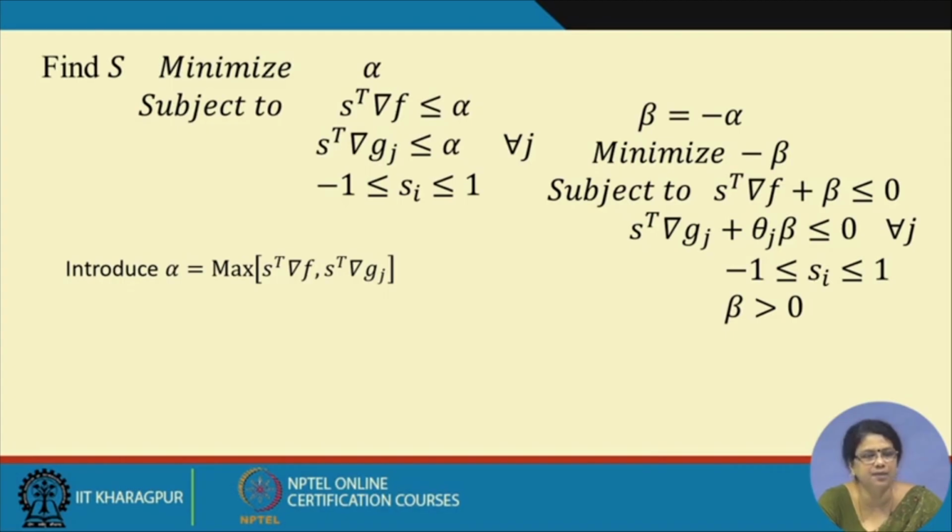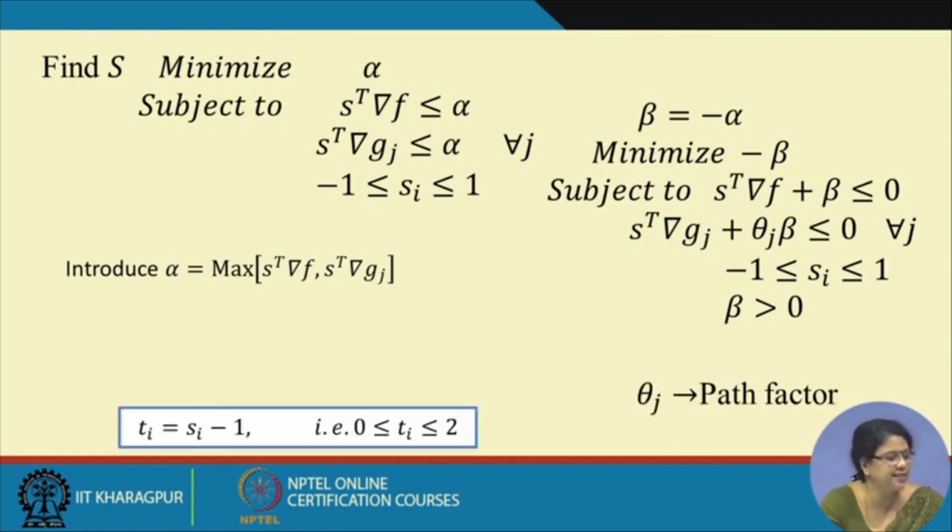Then let us have a certain mechanism so that this negative variable will be converted to a positive variable. That is why we will consider a factor T i, that is equal to S i minus 1. So that S i is from -1 to 1, then T i will be from 0 to 2. That is the beauty of this method.